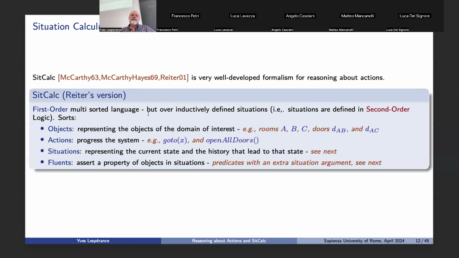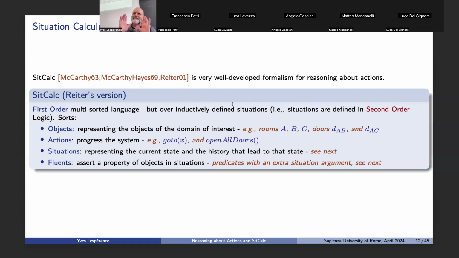The other thing is that it uses this domain of situations. Situations represent the states that you can reach. They're like a tree. These are defined inductively using a second order logic formalization. We'll come back to that.